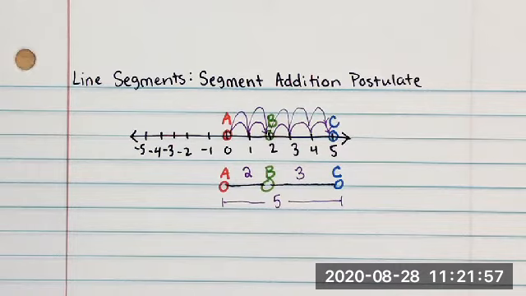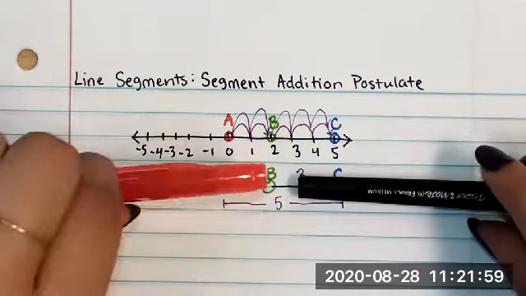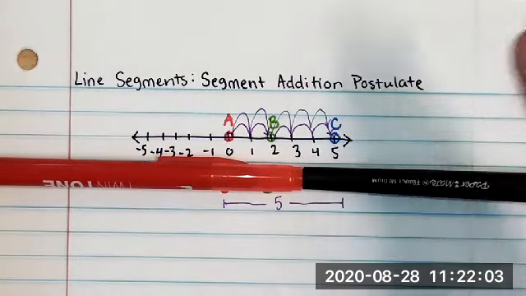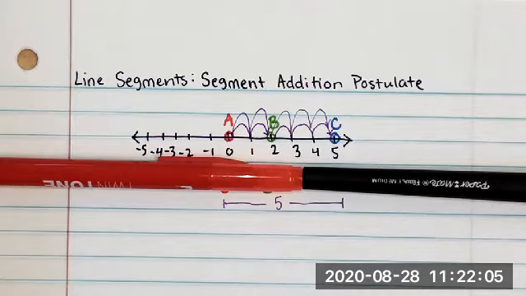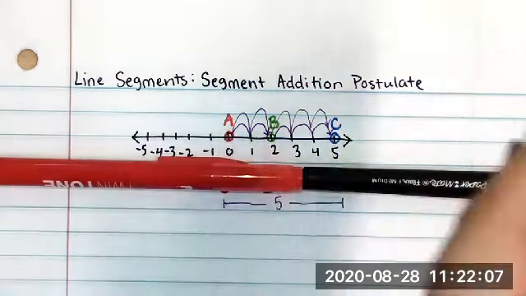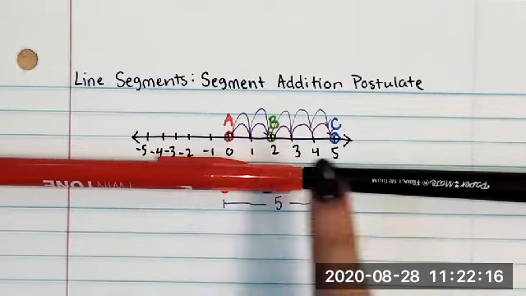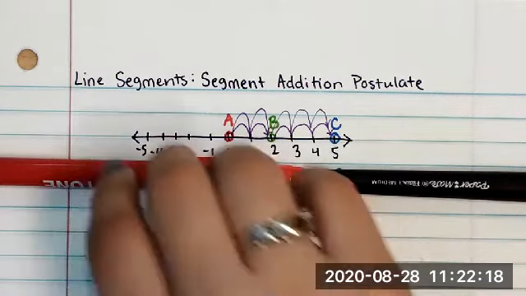If you put two of them next to each other, then to get from one end of the first one to the other end of the second one, you would have to count the length of the two. Or not necessarily, you could just measure it from one end to the other, but it would be the combined lengths of like the red and the black pen.